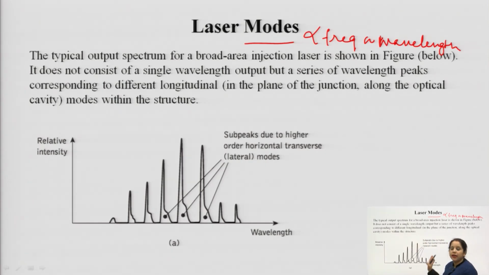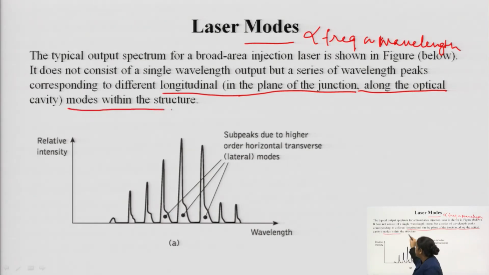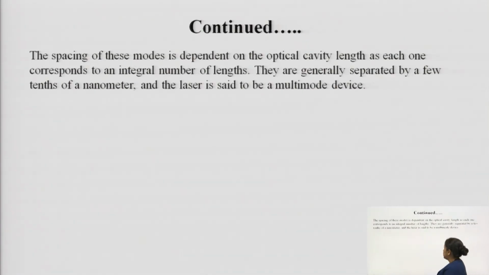It contains a multiple wavelength output, a series of wavelength peaks corresponding to different longitudinal modes, that is in the plane of the junction, along the optical cavity within the structure. This spectrum clearly indicates that in the output we achieve different wavelengths of a signal, not a single one.